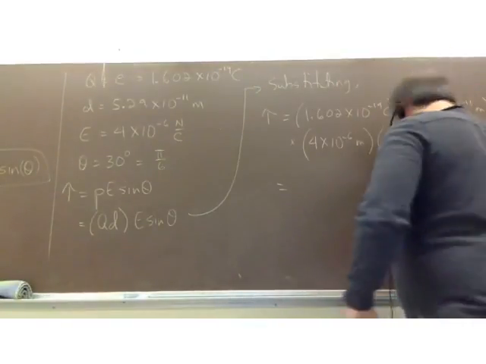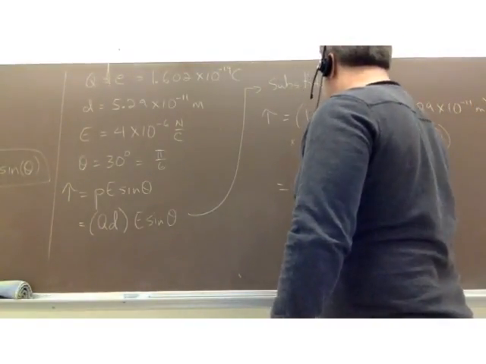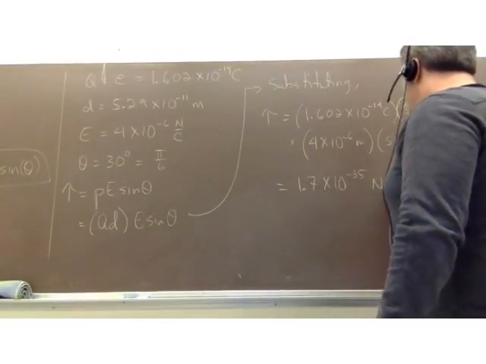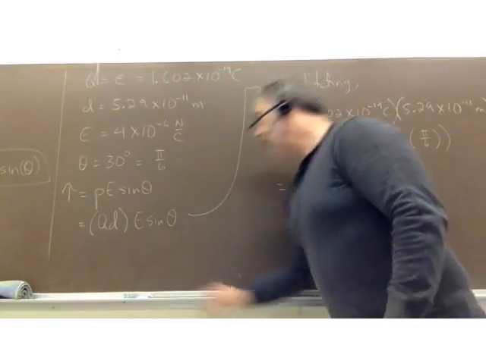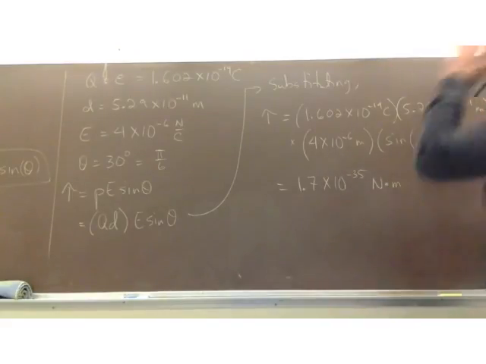Okay. I calculated it, and I got 1.7 times 10 to the negative 35 newton meters. And just a quick sanity check on the units here.